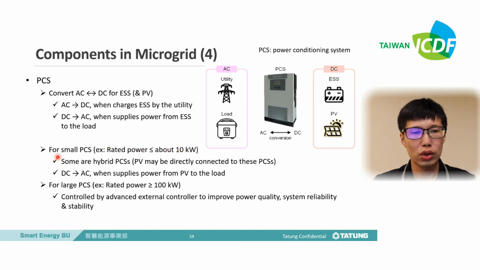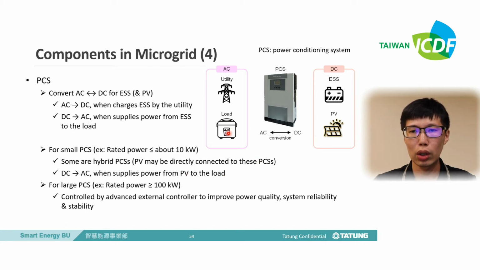So for small PCS, for example, the rated power less than about 10 kilowatts, some of these PCS are hybrid PCS, which means the PV may be directly connected to these PCS. And in this case, the PCS will also convert DC into AC when they want to supply the power from the PV to the load.